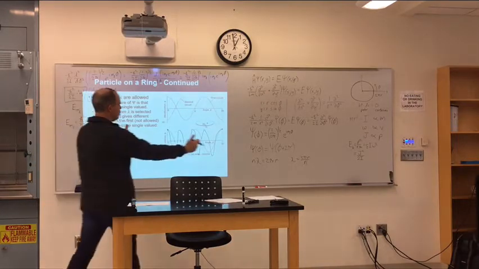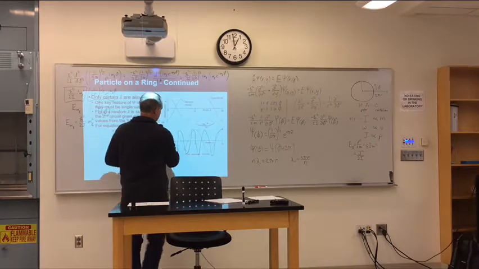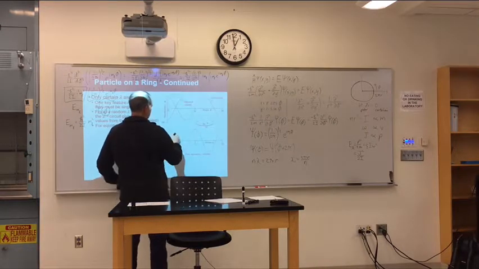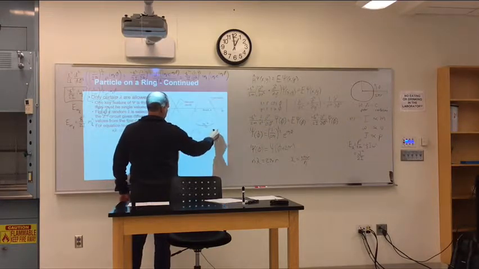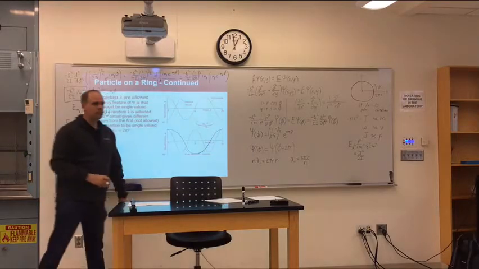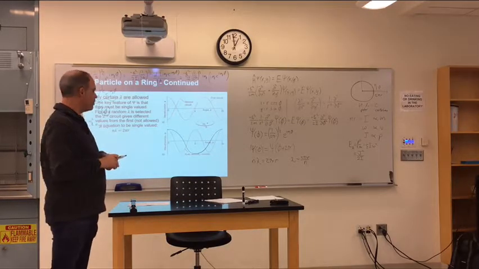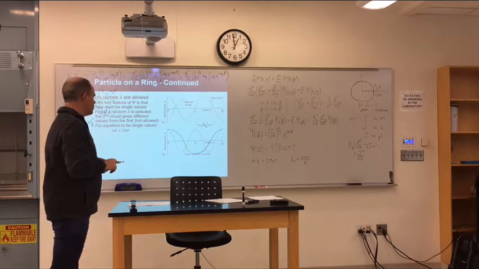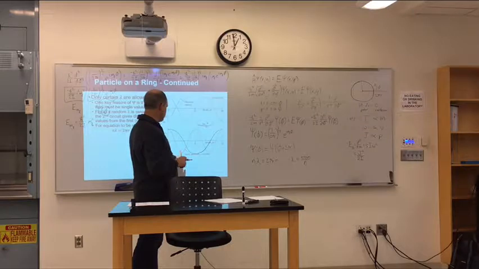Right, but you could have it shorter, or you could have it like that. It just has to get back to where it was. Right, so this would be n equals 1. What's drawn here, I think, is n equals 2.